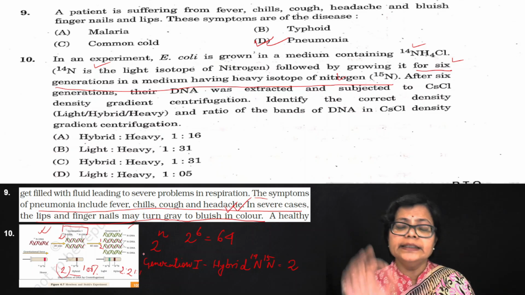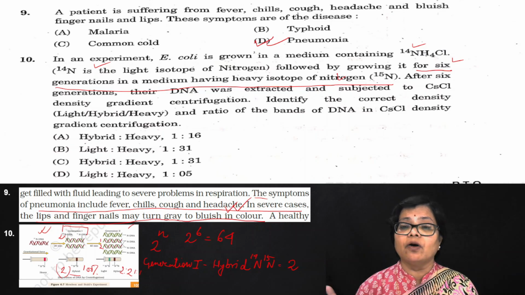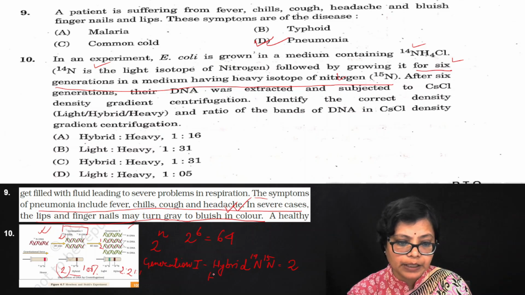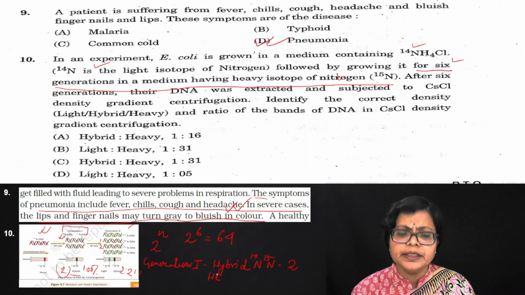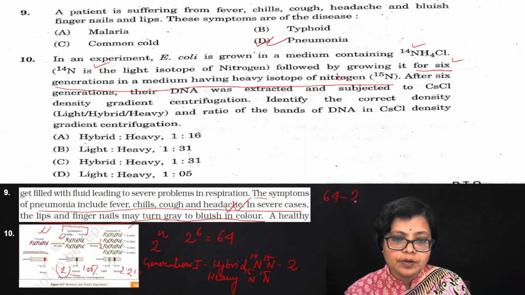After that, in the medium, N14 light isotope of nitrogen is not available at all. So no chance of getting hybrid DNA fragments. So all will be heavy ones, because N14 is not available in the medium. So the heavy isotope, that will be N15 type. But how many? 64. First generation 2 hybrid, so 64 minus 2, that is 62.